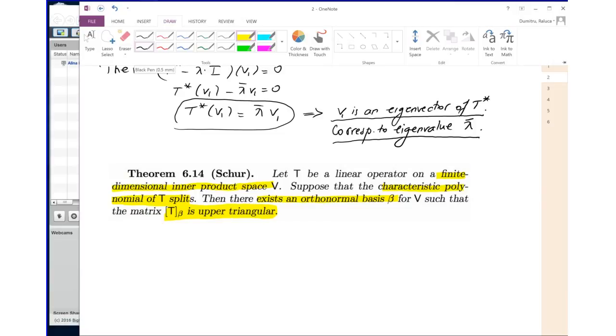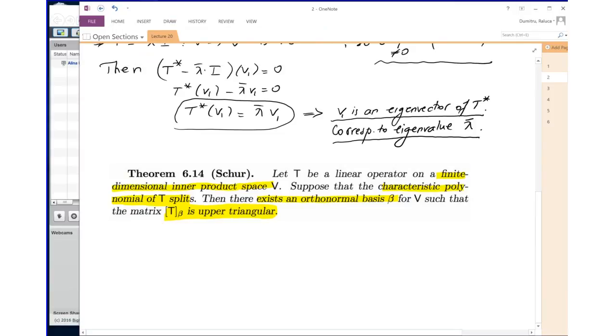So going in this direction of diagonalizability and the associated matrix of T being diagonal, let's see what it would mean if a basis existed such that the matrix of T is diagonal. What would it mean for the operator T on an inner product space and for the adjoint?